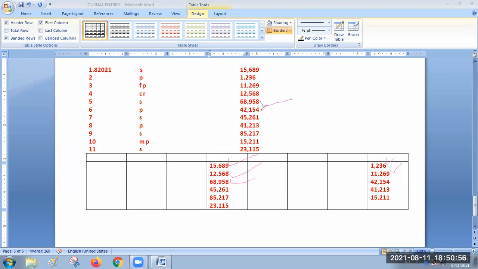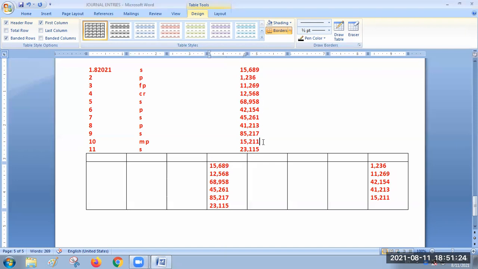This one is by purchases. This one is to sales. This one is by purchases. This one is to sales. This one is by machinery. Did you write like that? So the last one is to sales. So that's all. You balance them out. I will cross check.